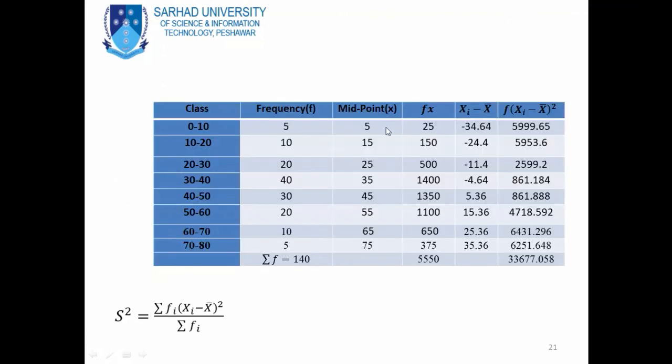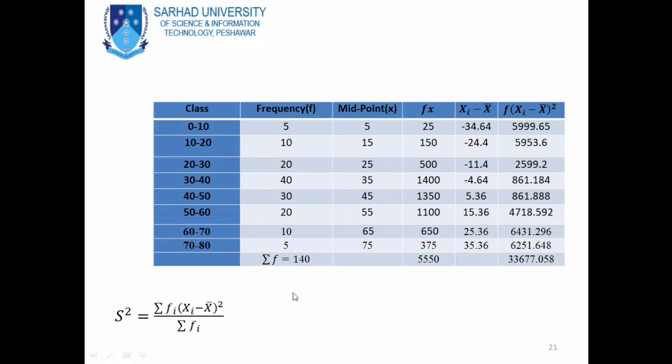Now subtract the mean from all xi, take the square and then multiply the squared column with the frequency, and you will obtain this new column. And now the sigma of this column is 33,677.058.